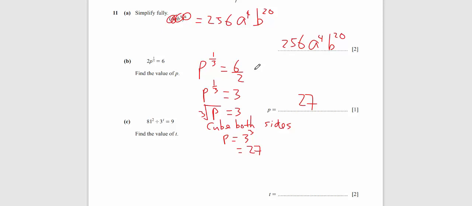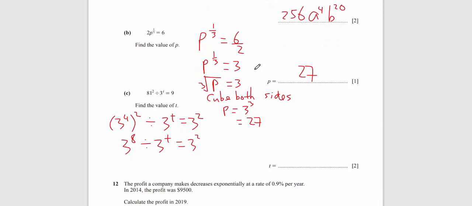Because 81, you can make it to the base of 3, becoming 3^4. And then we have 3^t. The 9, we can make it 3^2. Then we have 3^8 divided by 3^t equal to 3^2. If divide, you should know the powers, you minus it.